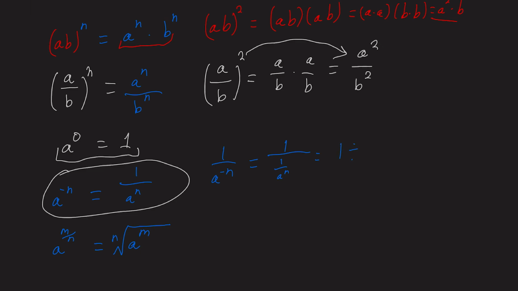So this is equal to 1 divided by 1 over a to the n, which is equal to, keep change flip, 1 times a to the n. So 1 over a to the negative n therefore becomes a to the n. 2 over a to the negative n becomes 2a to the n. This negative n just puts it on the other side of the division bar. That's all it does, okay?